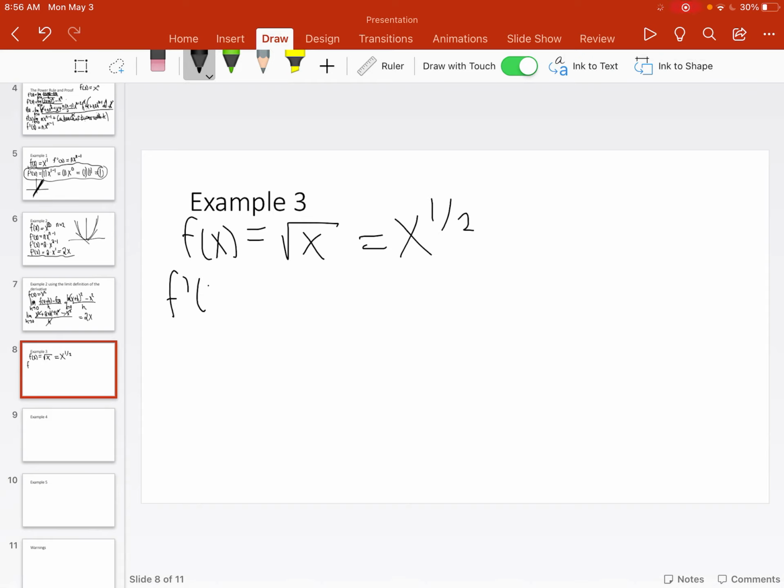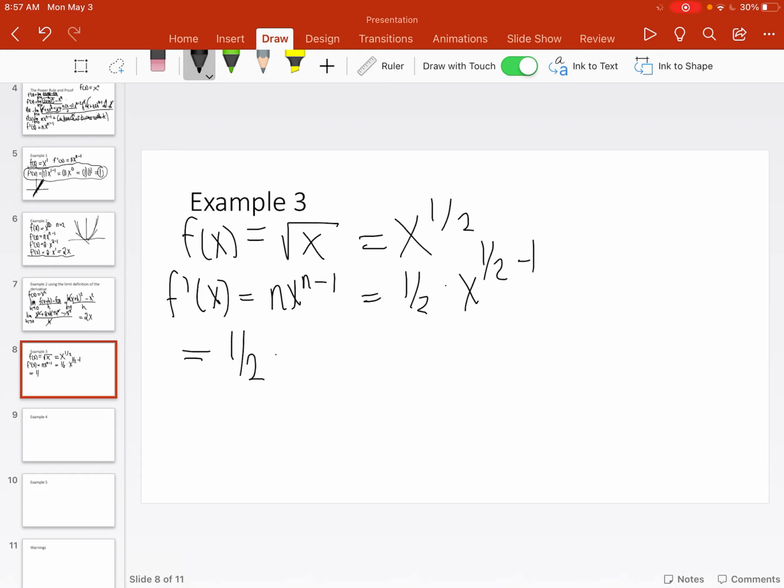So let's use our rule. We've got f prime of x is equal to n x to the n minus 1. In this case, we bring down the half, multiply it, and we get x to the 1/2 minus 1. We just stick to the rule. What does this come out to?